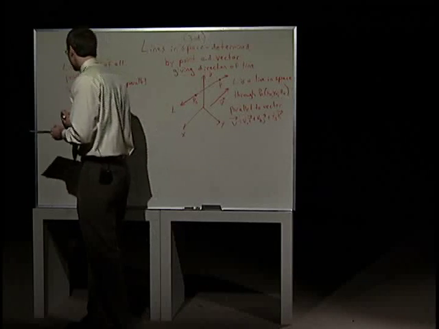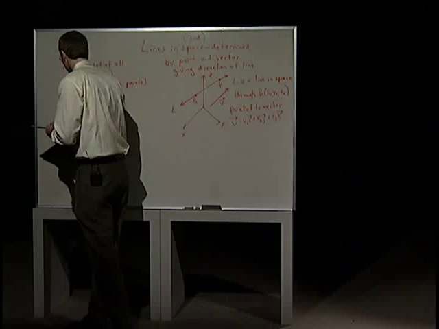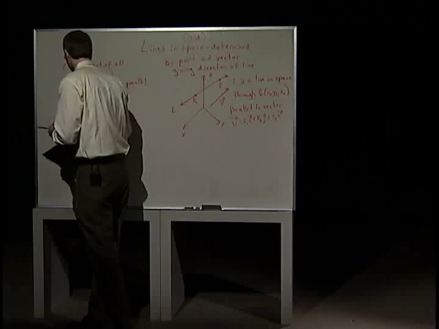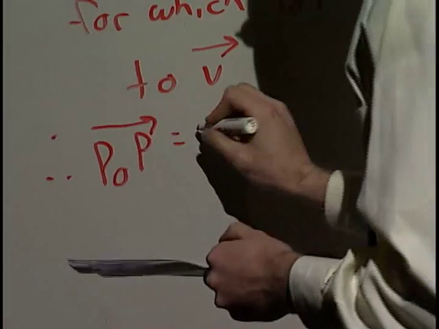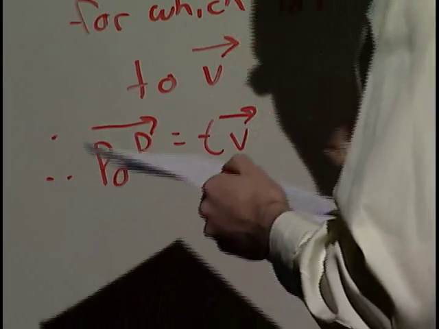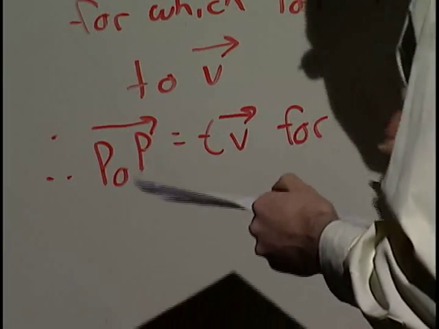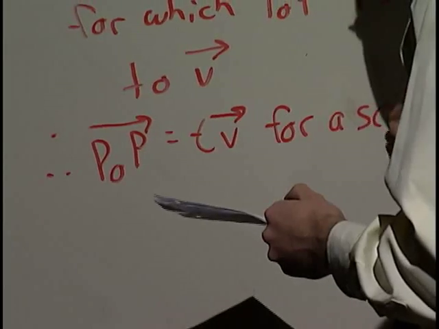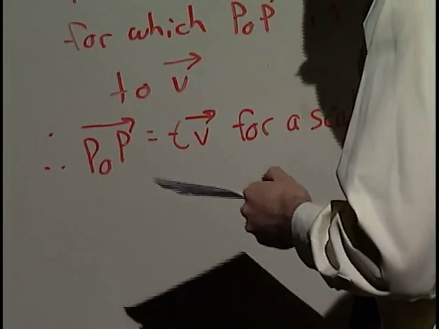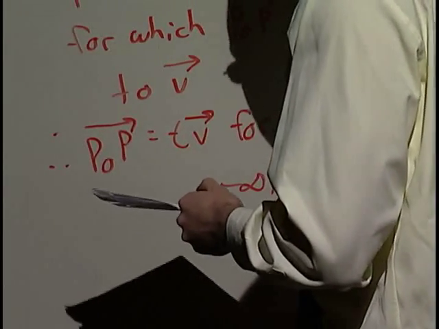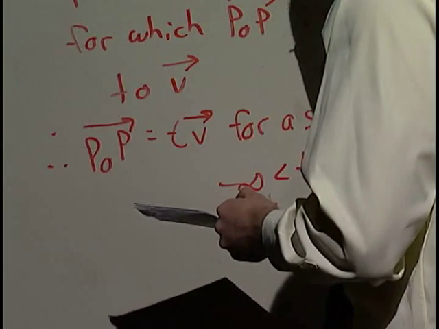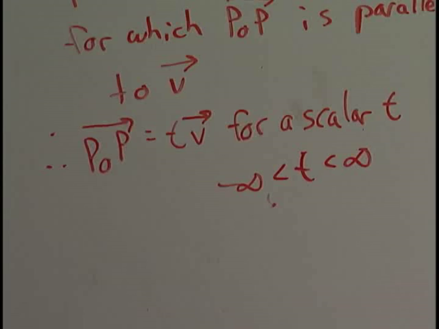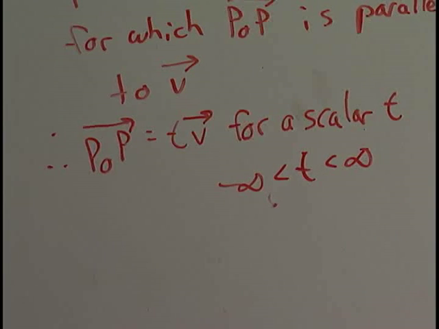And what does that mean equation-wise? Well, remember that 2 vectors are parallel if they're scalar multiples of each other. So it means that vector P0P is equal to some scalar multiple of v, i.e. tv, no pun intended there, for some scalar t, and we allow t to range through all real numbers.